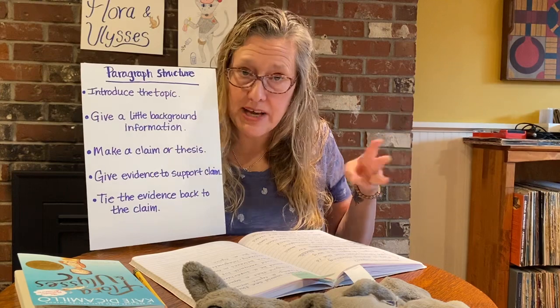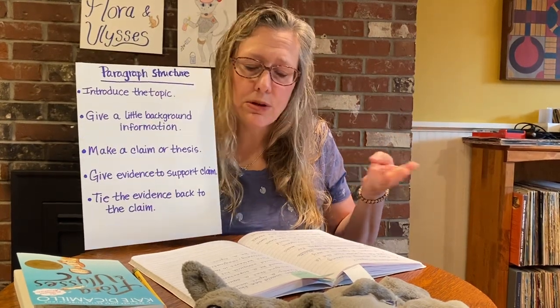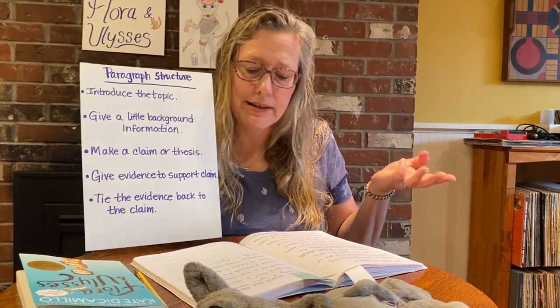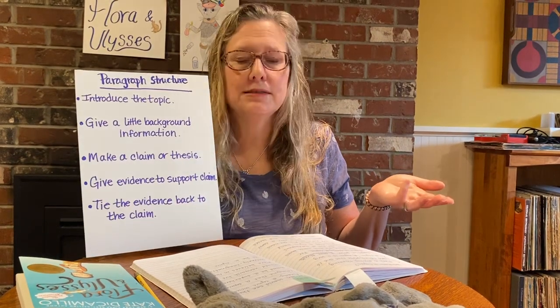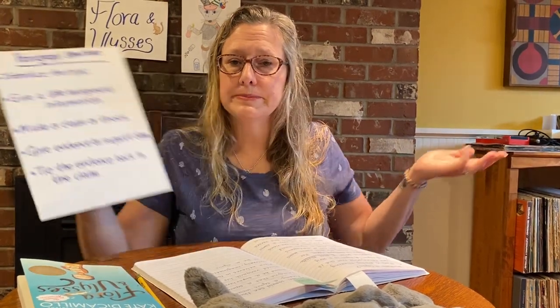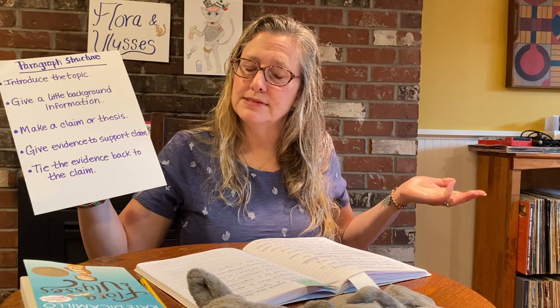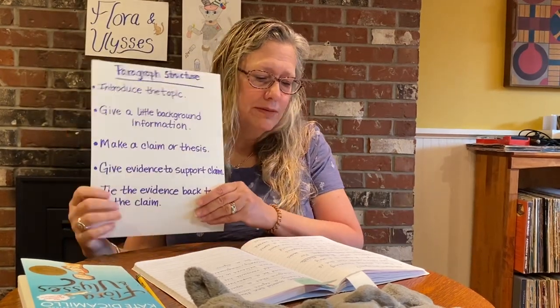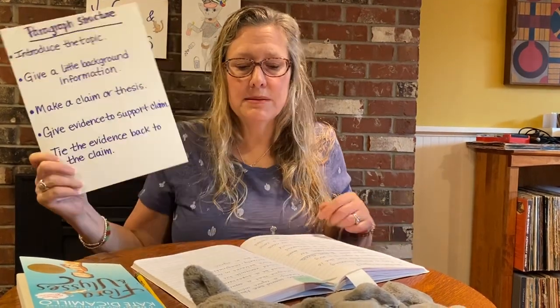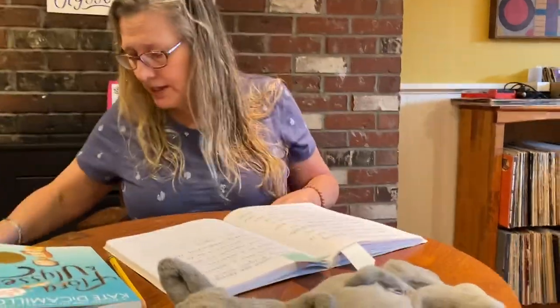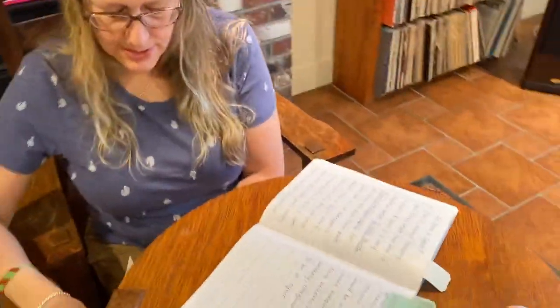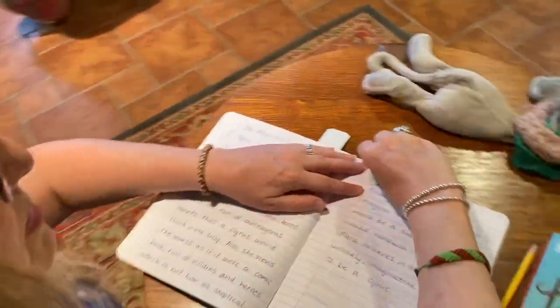Now, to tie it back into my claim, Flora believes in far too many unlikely imaginative things to be a cynic. And that's my whole paragraph. So, you can rewatch this if you want. Maybe my cameraman will show you a picture of my whole paragraph.